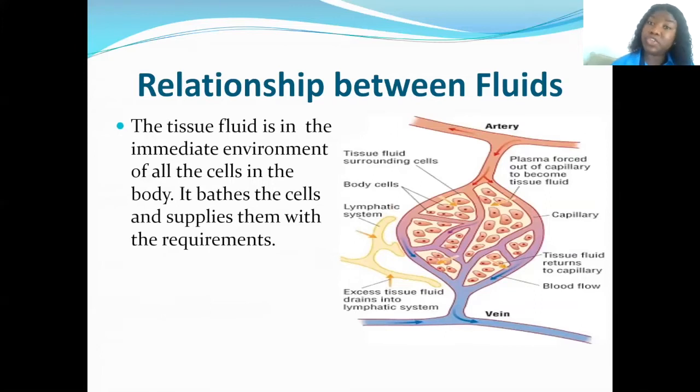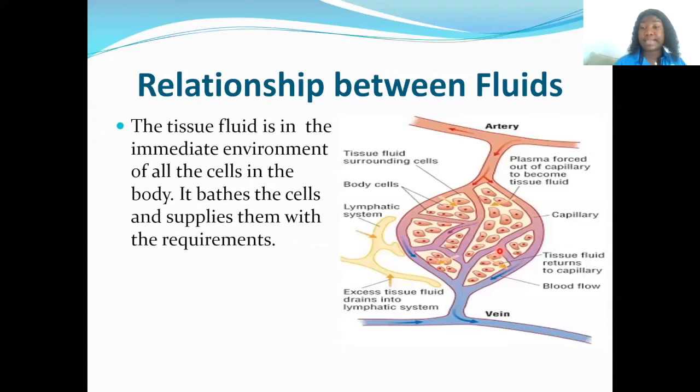Let's look at tissue fluid. Tissue fluid is in the immediate surroundings of all the cells in the body. It bathes the cells and supplies them with the requirements that they need. So let's look at our diagram. The blood has now passed through the artery and is now branched off into the capillaries.